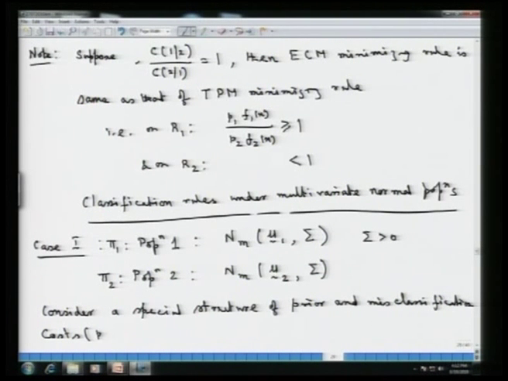That is, the priors are P1 and P2 and our costs of misclassification are C1 given 2 and C2 given 1. This special structure tells us that P2 into C1 given 2, divided by P1 into C2 given 1, is equal to 1. So, it is a special case definitely.